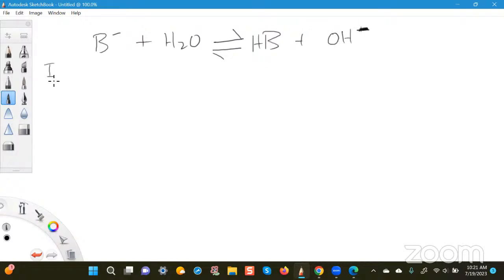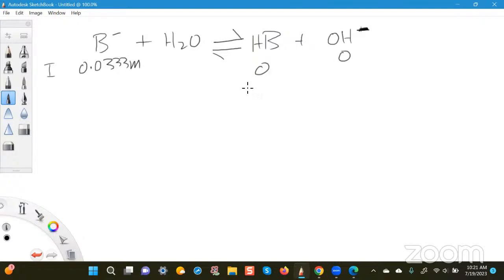Okay, so what we're going to do now is take the conjugate base and write the equation for the hydrolysis of that base. All right? OH minus. So initially, we had 0.0333 M of the conjugate base resulting from the previous reaction.